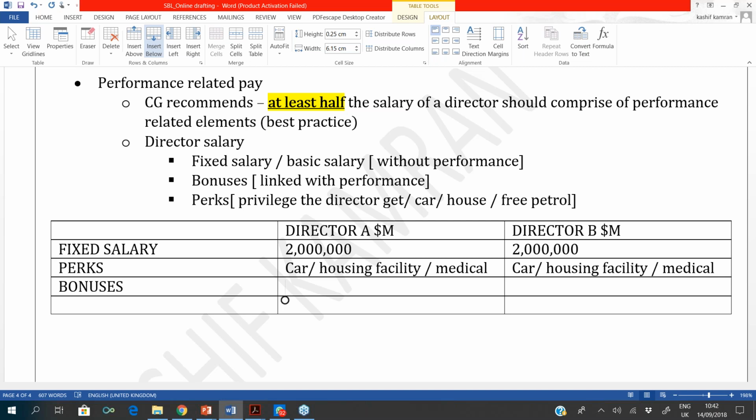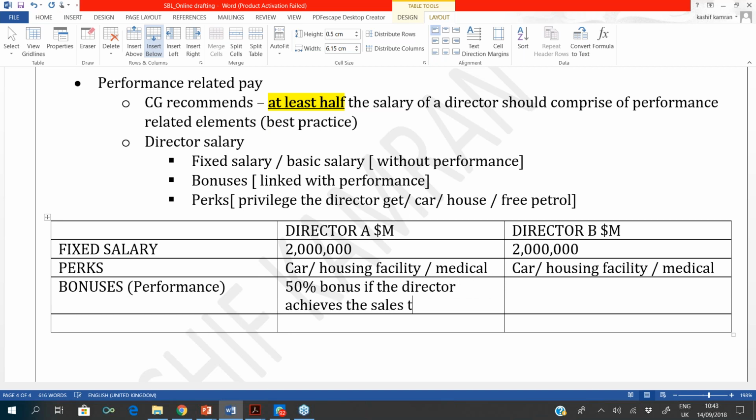Then the bonuses. The bonuses are based upon the performance, right? Director A has a condition that he will get 50% bonus if the director achieves the sales target.